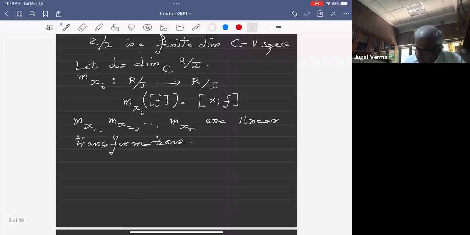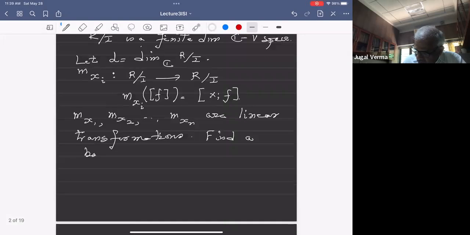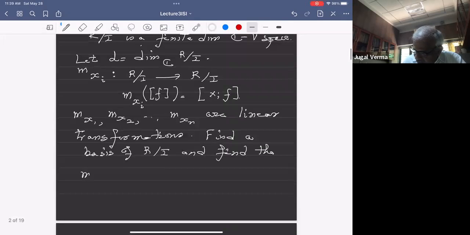So we can find a basis of R mod I, and then find the matrices for these linear transformations, MX1, MXN.